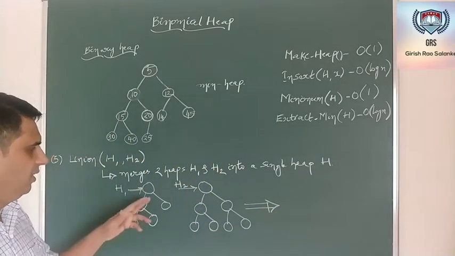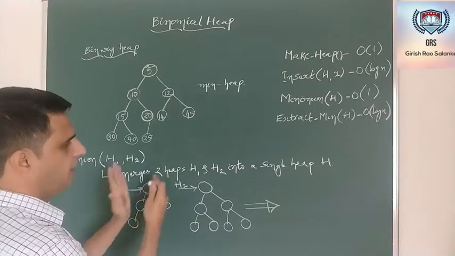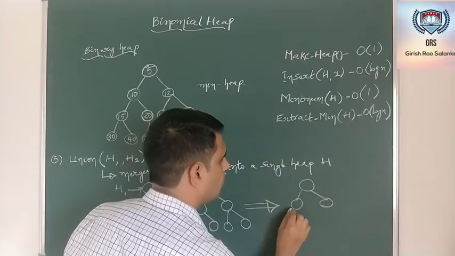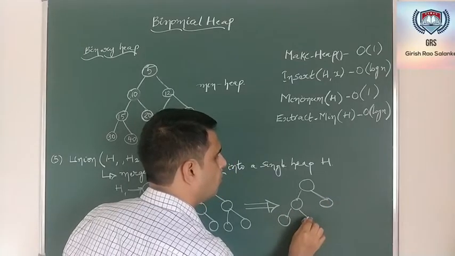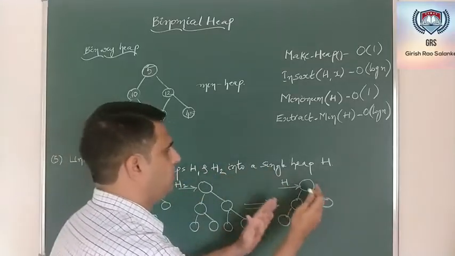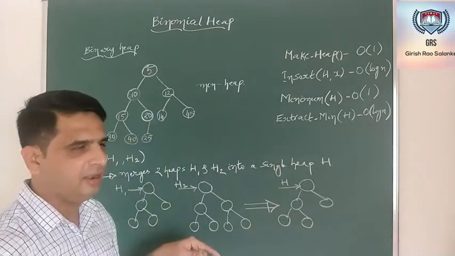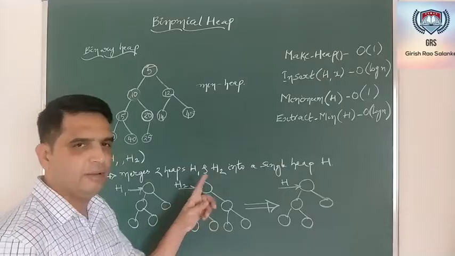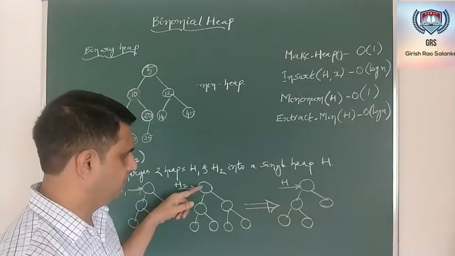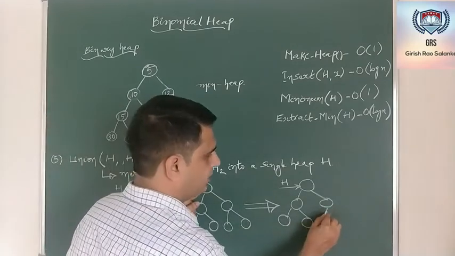What I will do is first copy this H1 onto H. Now I will take each element in H2 and start constructing a heap. I will take this first element, this root node, and add this root node.